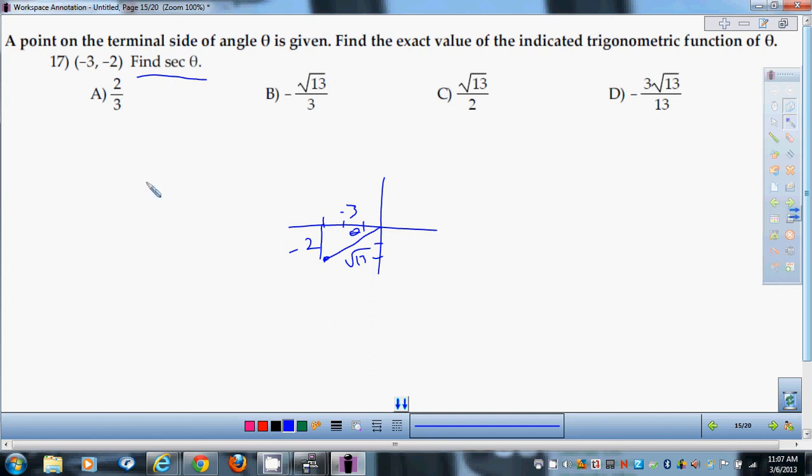So it'd be radical 13, that's a 3, by the way, radical 13 over negative 3. Some of you are going to find cosine and then rationalize it before you really even think about flipping it. Just think, since you're flipping it anyway, don't bother rationalizing cosine. Radical 13 over negative 3.